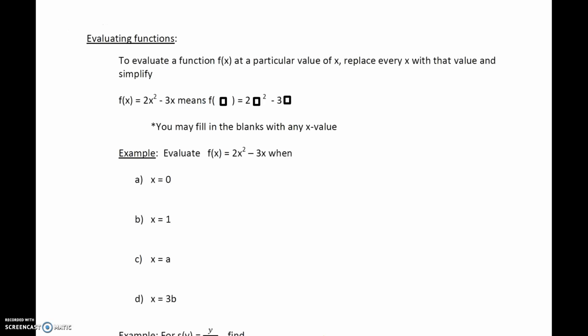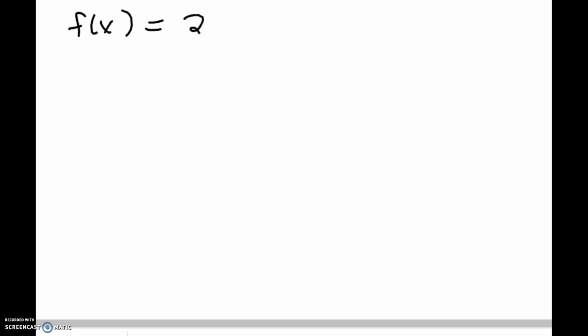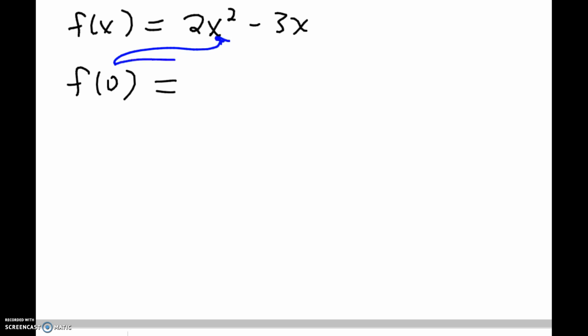So the function that we're evaluating, f of x equals 2x squared minus 3x. And we first want to find f of 0. What does this mean? This means substitute in a 0 in place of the x's that are in the function.